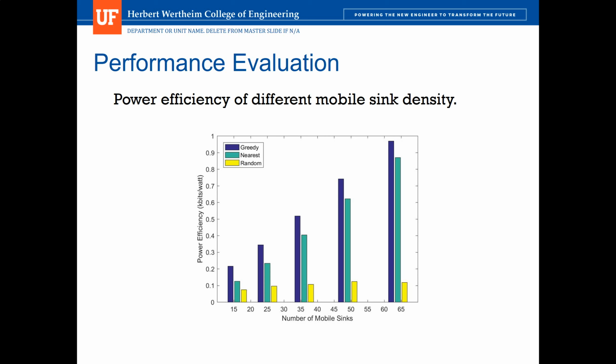This is because if there are more mobile things, the users have more opportunities to group with the mobile things. But we can see that the gap between the gradient algorithm and the nearest algorithm remained.